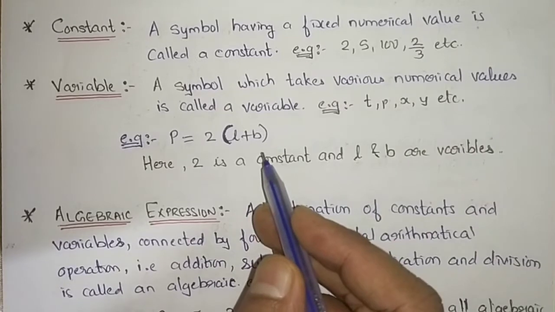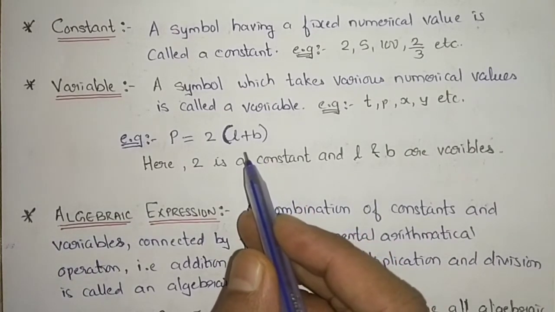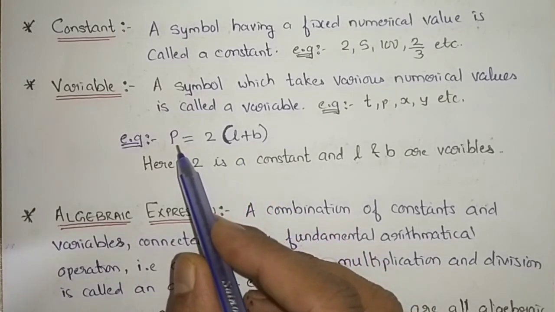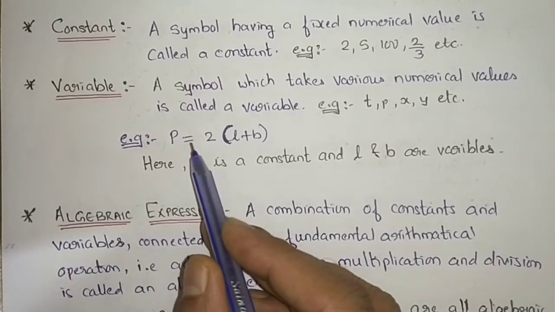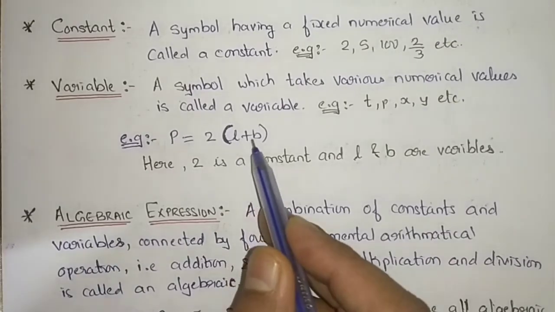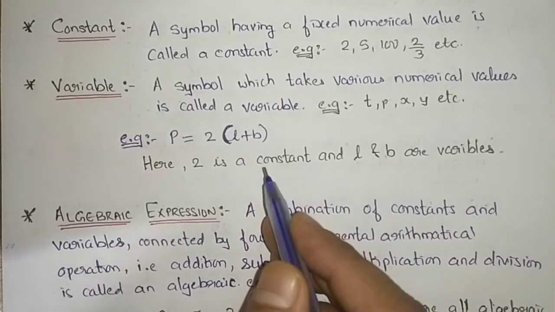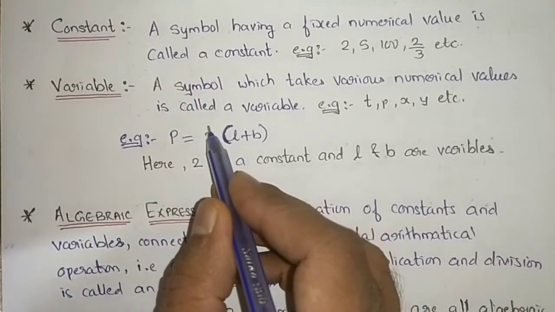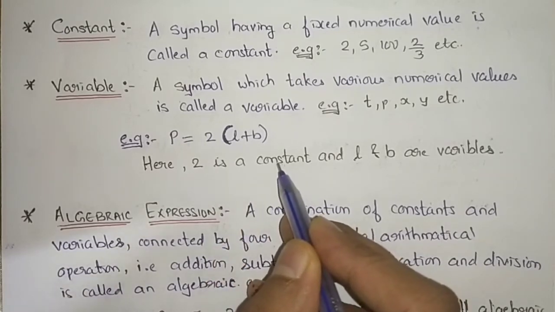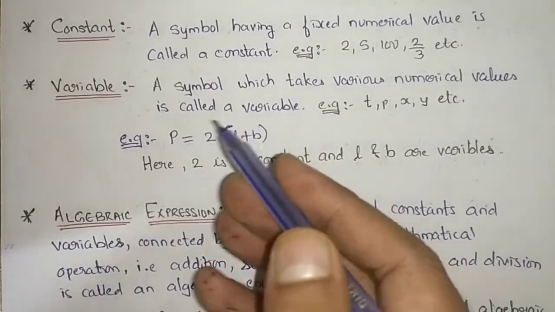Let me give you one example so that you can understand. The formula for the perimeter of a rectangle is perimeter equals 2 into bracket L plus B, that is length plus breadth. Here you can see, 2 is a constant, while L, that is length, can be changed.